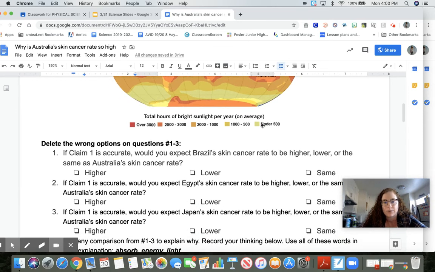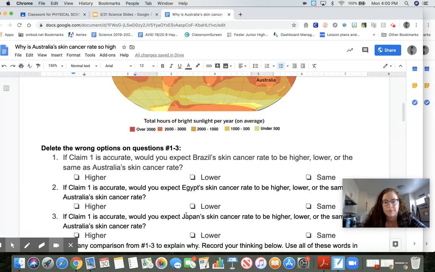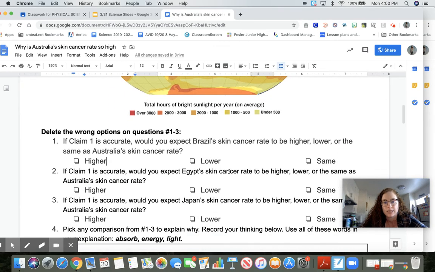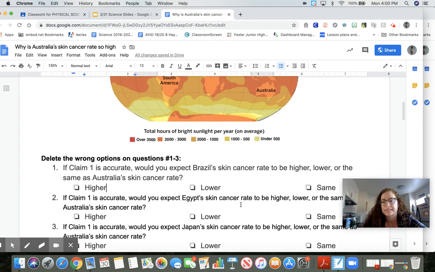The last one we're going to compare is Japan. If you don't know where Japan is, it's over here. It's this yellowish color, which probably falls more into this range. Would you expect Japan's skin cancer rate to be higher, lower, or the same?